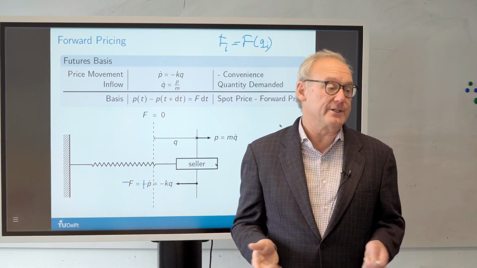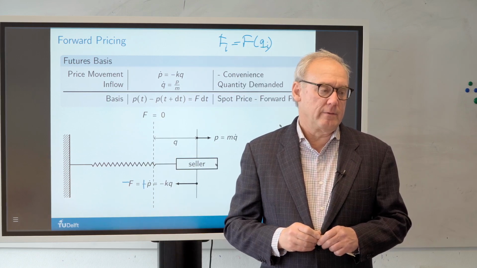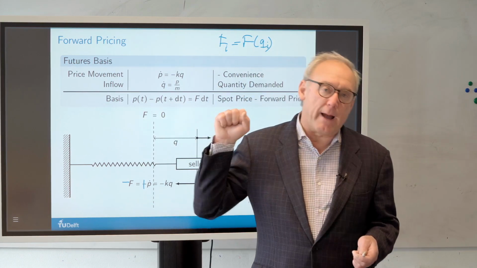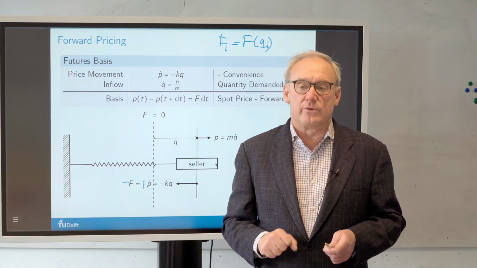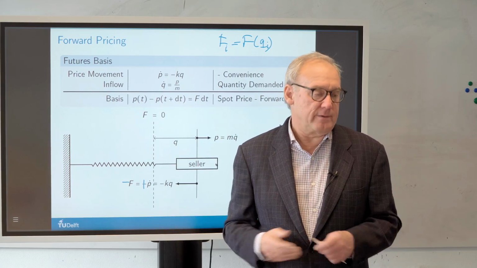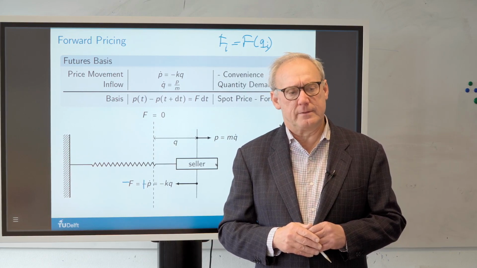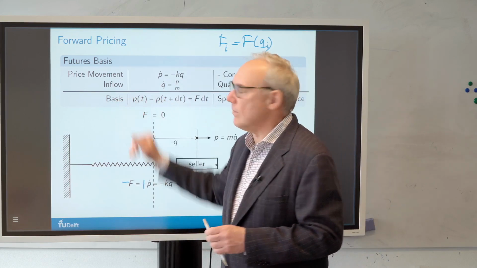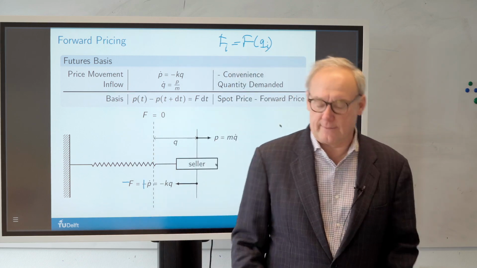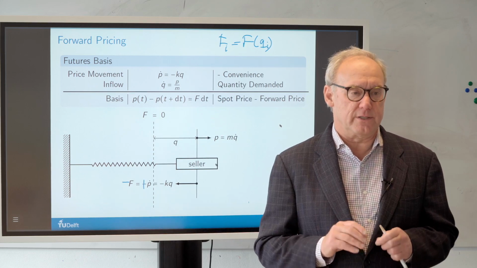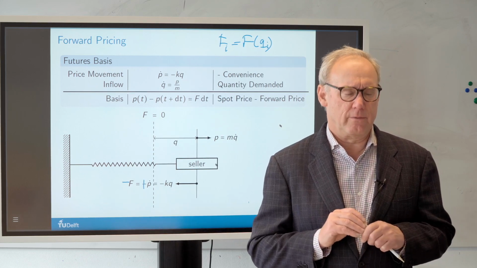So the difference in momentum will all be due to the application of the spring force on the mass, right? The basis is a slightly more general concept than that of a convenience yield. It's just that we only have the convenience yield now, right?